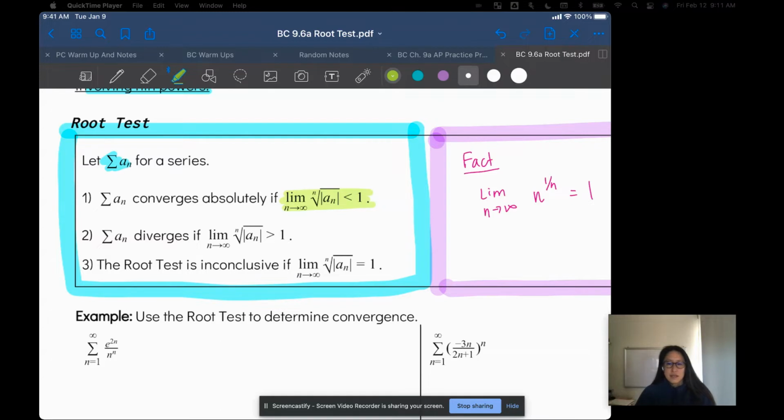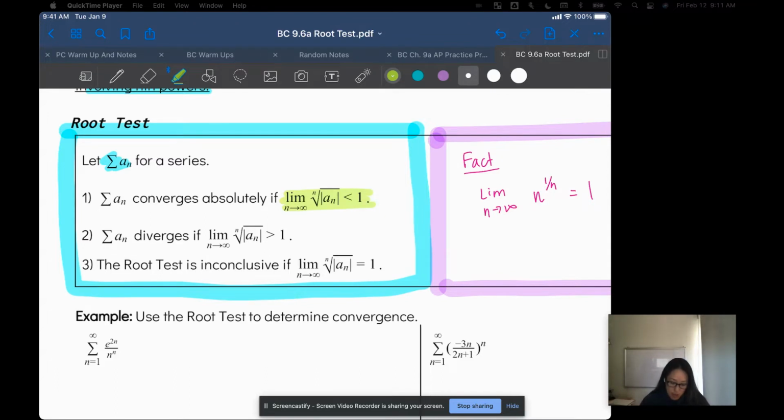So this is basically like if the inside part of the root is a fraction, then when we take the square root or the nth root, the terms are going to get very, very small very quickly.